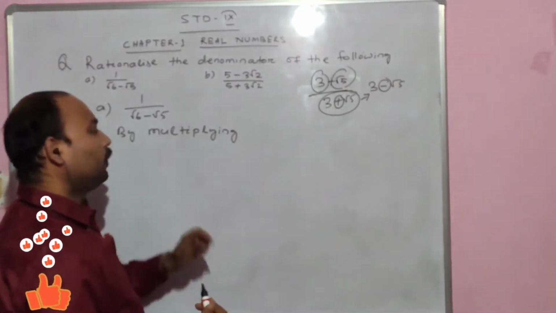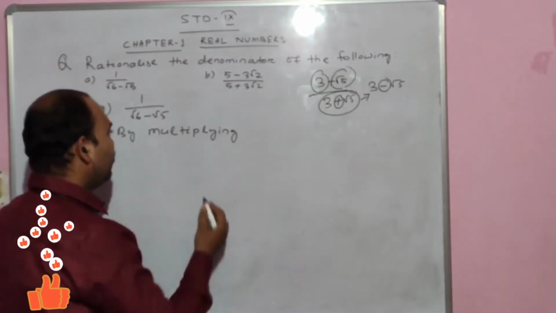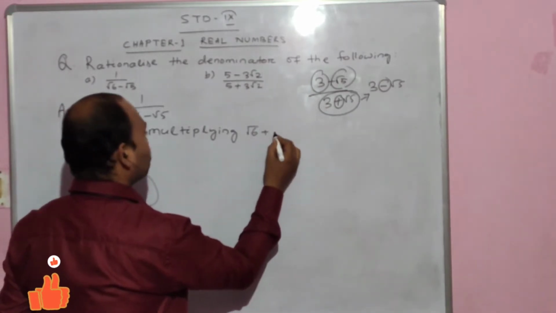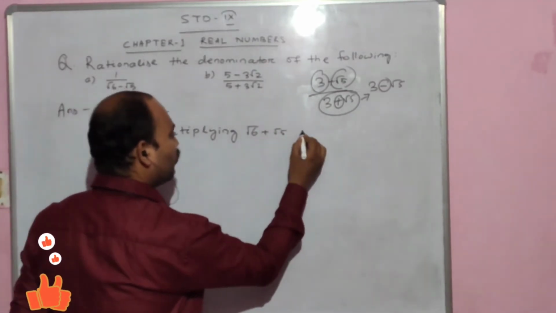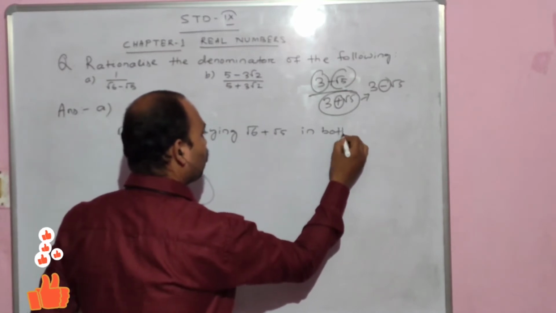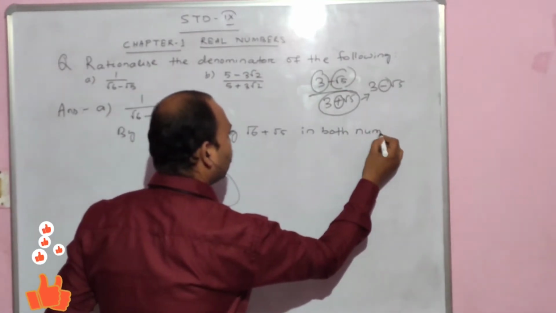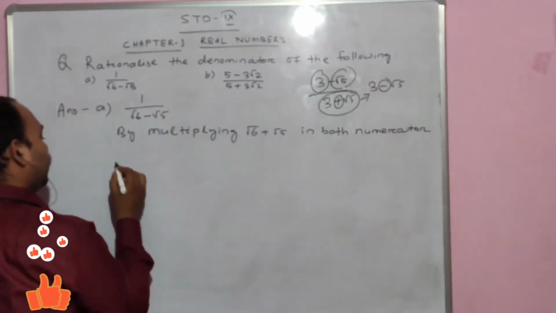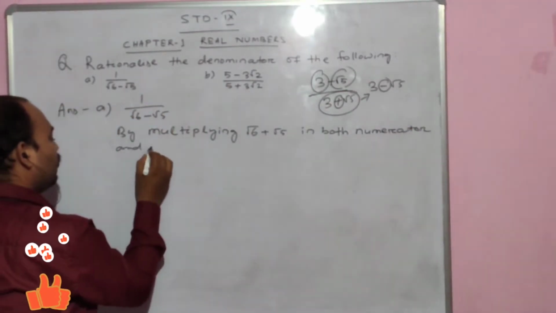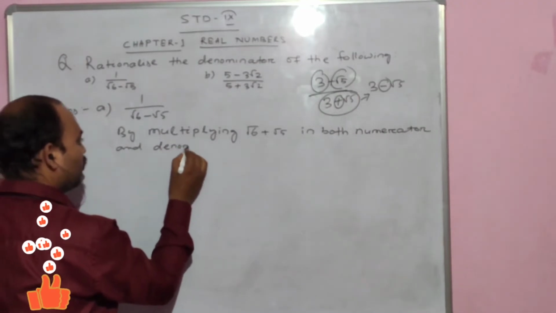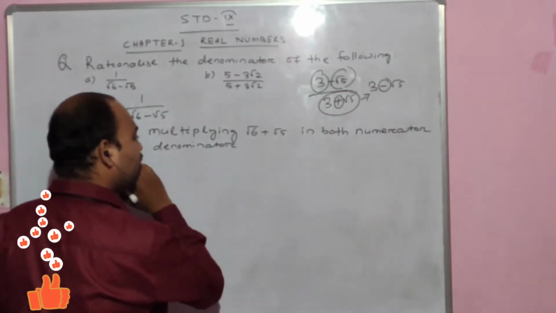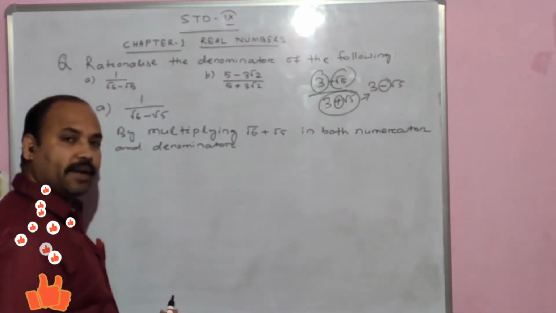The conjugate number here is root 6 plus root 5, in both numerator and denominator.